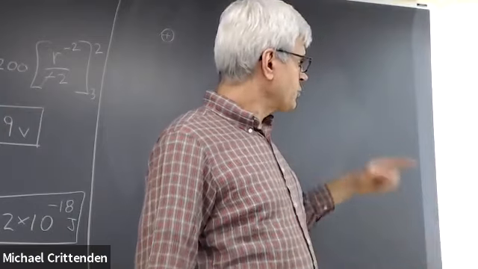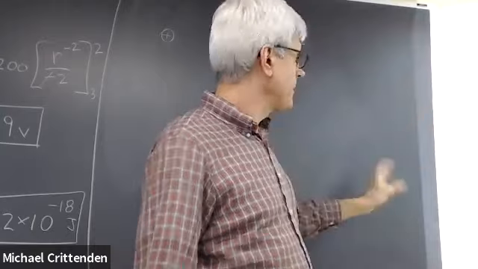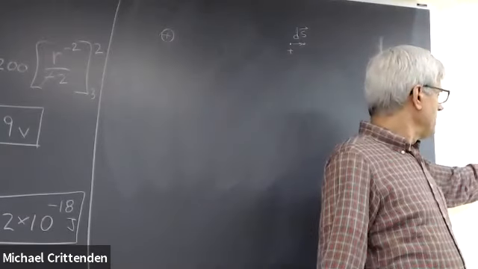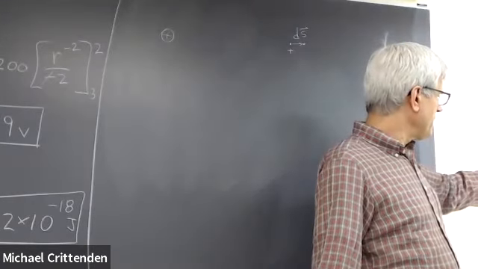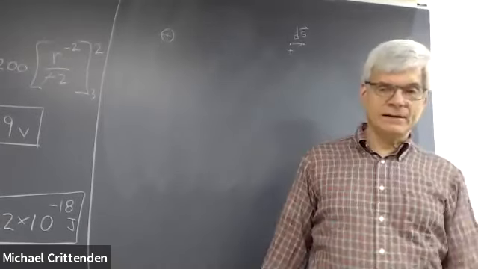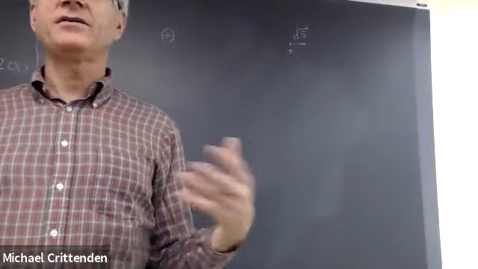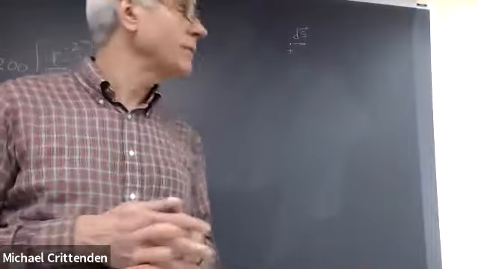So how much work is needed to get from R initial to infinity? You integrate some constant times dr over R squared. And once again, I'm going to do a quick and dirty version and not explain all the minus signs that are more trouble to explain than they're worth.